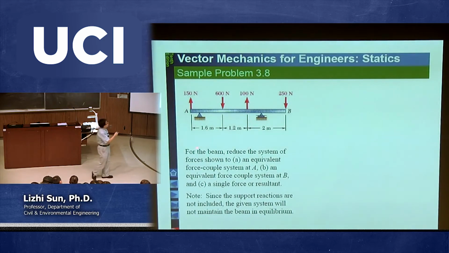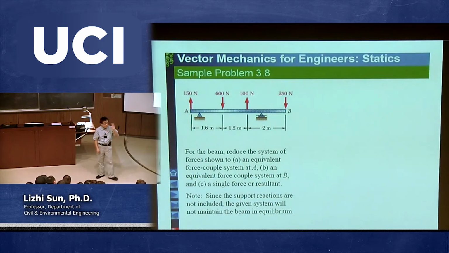Okay? For example, there is a rigid body like this. You have 4 forces acting on different locations, right? So then they may ask you to find out a single force system. The location at where, when you move all the forces to that point, and then the resultant moment happen to be 0. So how to solve such problem? So typically, you just need to randomly pick a point.